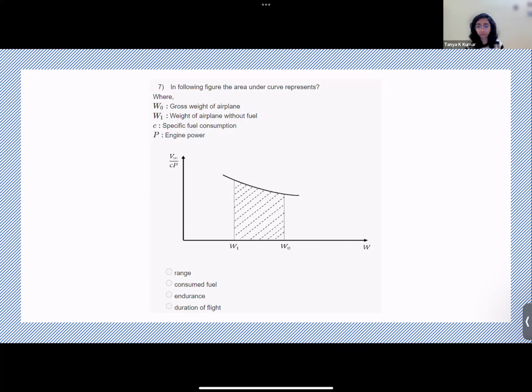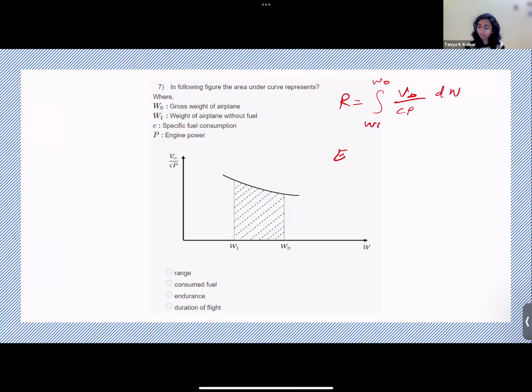The direct formula substitution. You remember the range and endurance formula? What was the formula for range? Integral W1 to W0. What was inside the integral? That was V infinity by Cp dW.